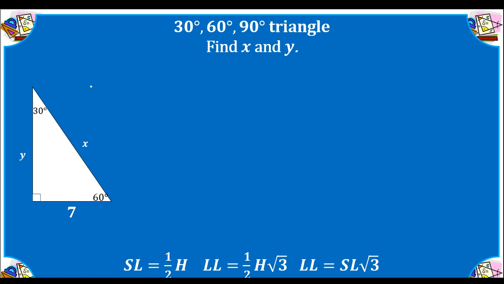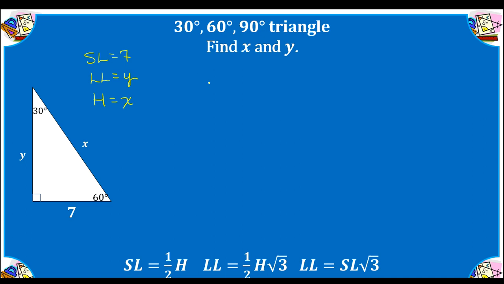Okay, let's see what we have here. So our short leg is 7, our long leg is y, and our hypotenuse is x. So we know the short leg, so we can find the hypotenuse. You can go in whatever order you want.